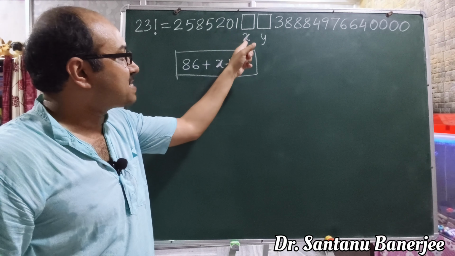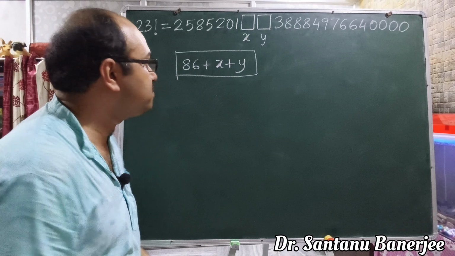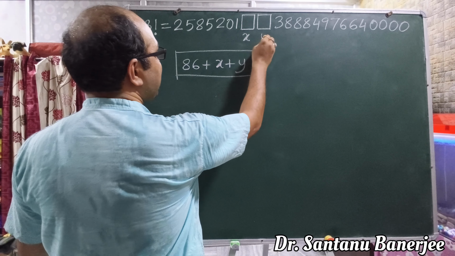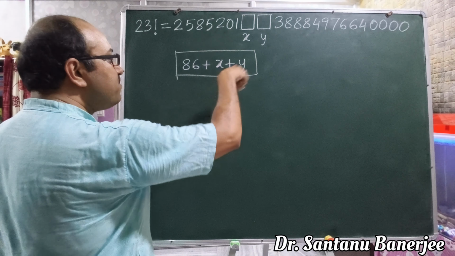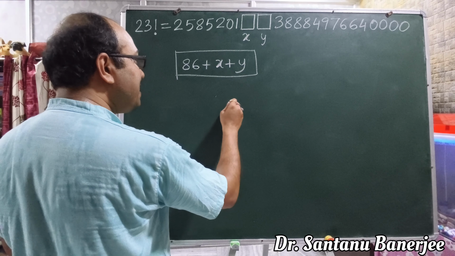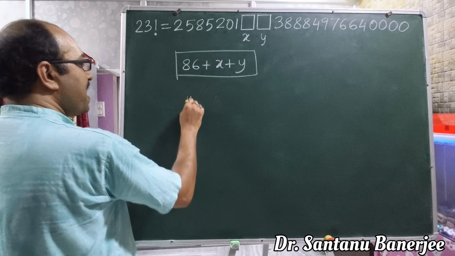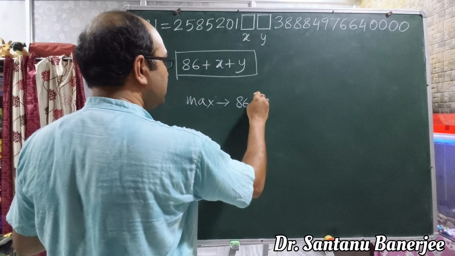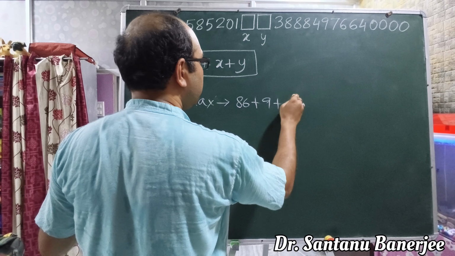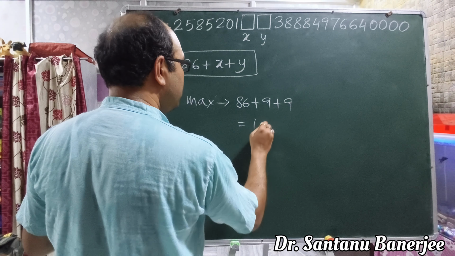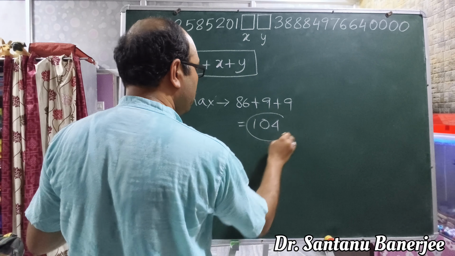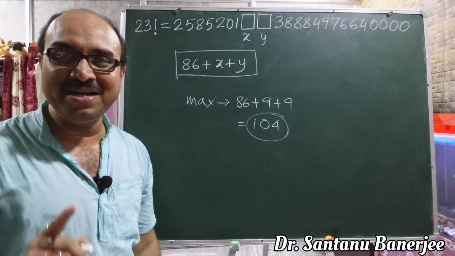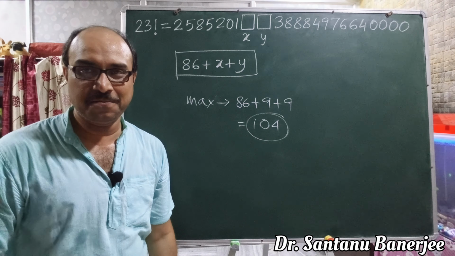If x is 9 and y is 9, the addition will be 18. So for the max, it will be 86 plus 9 plus 9, that is equal to 104. Now 104, we all know, is not divisible by 9.